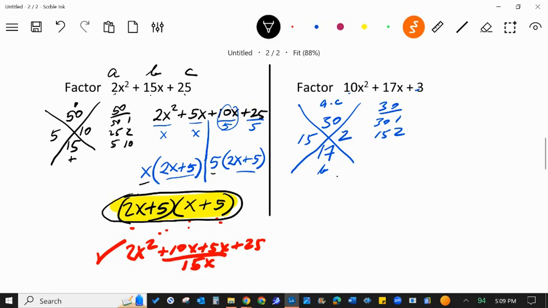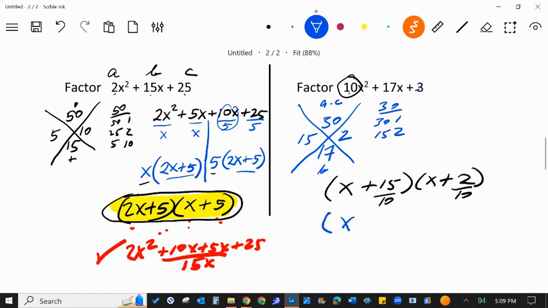So I'm going to do x plus 15, x plus 2, and then I'm going to divide the numbers by the a. That gives me x plus, well, let's see, 15 over 10, which is 3 over 2. 5 goes into both of these, so I get a 3 on top and a 2 on bottom.